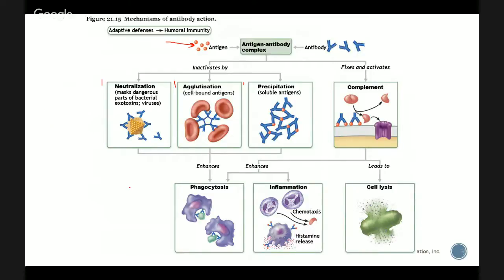They're also going to enhance phagocytosis and inflammation. Remember that when the antigens bond to an antibody, that's going to activate the complement system, which will then lead to cell lysis, poking a hole in the cell. So antibodies are involved in neutralizing, agglutinating, and precipitating, also activating the complement system.